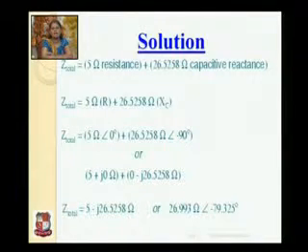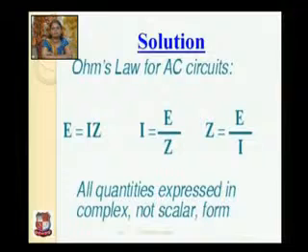So your Z total is equal to 5 minus j 26.52 ohm. Again Ohm's law for AC circuit is E is equal to IZ and I is equal to E by Z. Value of voltage is given, value of impedance is known, so you can easily find the magnitude of current.